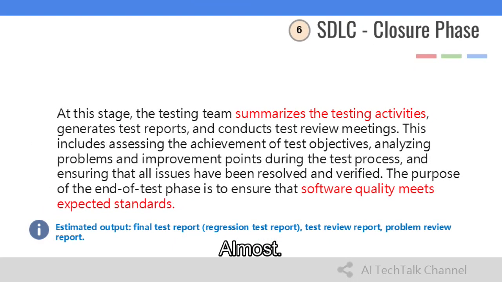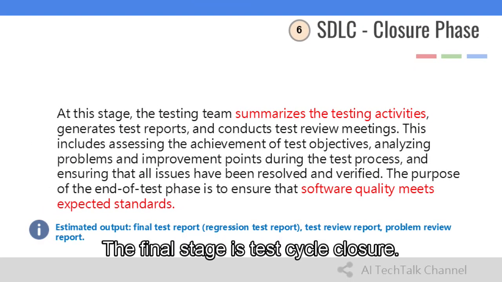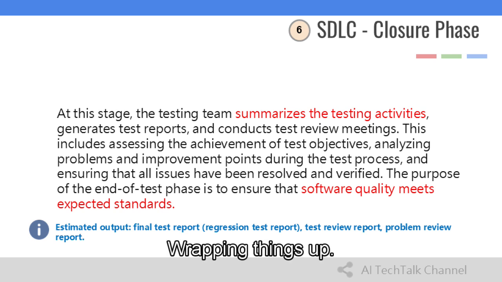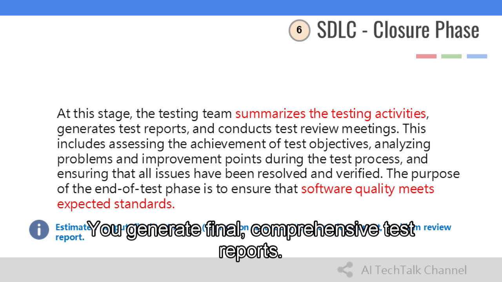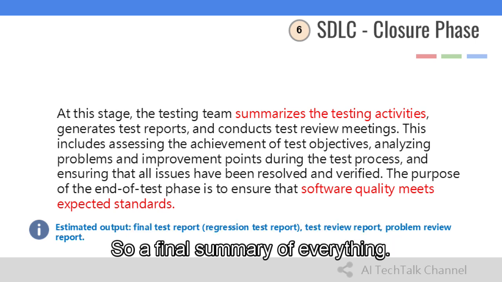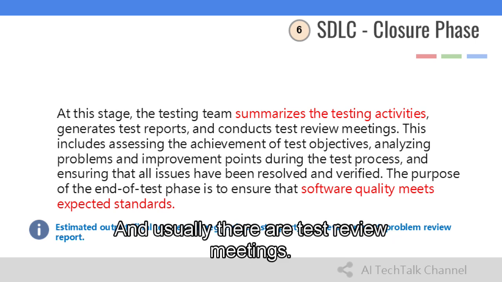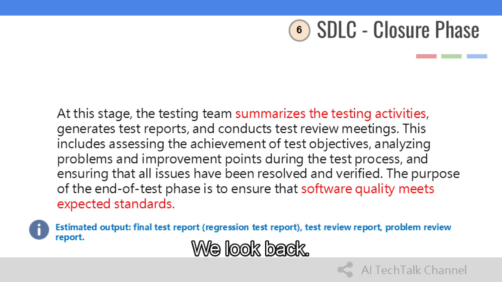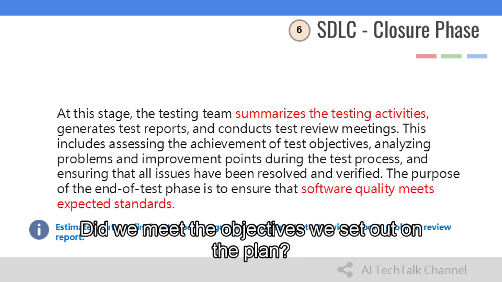So tests run, bugs logged, hopefully fixed. Are we done then? Almost. The final stage is test cycle closure. You don't just stop. You summarize all the testing activities and generate final, comprehensive test reports. These often include results from the final regression tests. And usually there are test review meetings. We look back. Did we meet the objectives we set out in the plan?